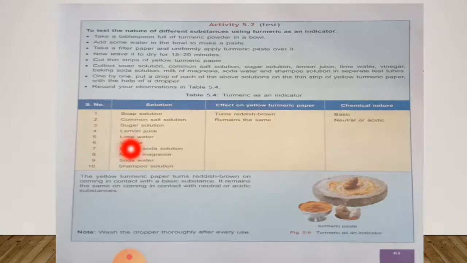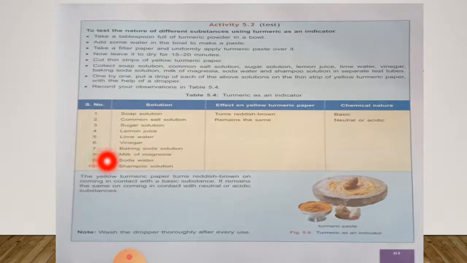Lime water is basic in nature, so when lime water interacts with yellow turmeric paper, it turns reddish brown. Now the sixth, vinegar. Vinegar is acidic in nature, so after interacting, yellow turmeric paper remains the same.